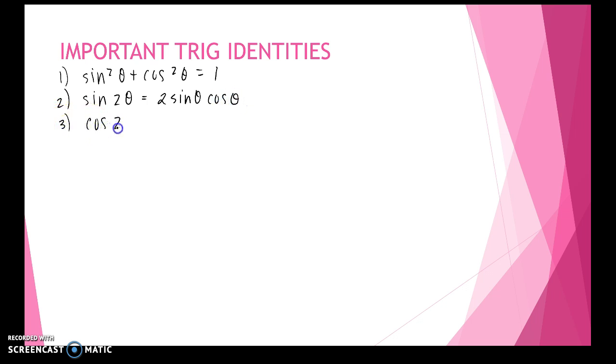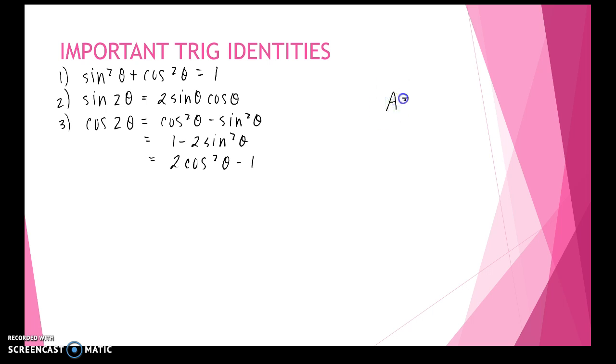The cosine of 2 theta, that's where there were 3 equivalent representations. Cosine squared of theta minus sine squared of theta, 1 minus 2 sine squared of theta, and then 2 cosine squared theta minus 1.